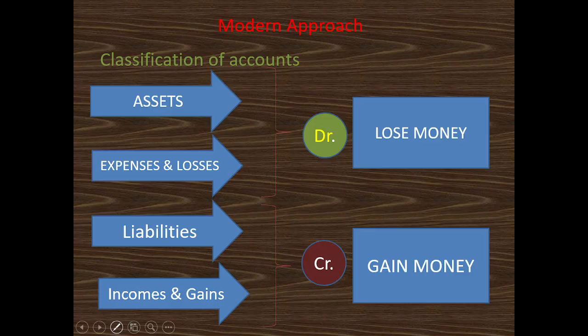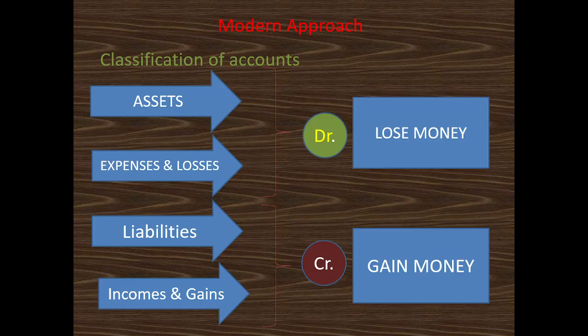But why the difference in classification? It is because of use. For an asset, we have a future benefit. For example, if I purchase a computer, I can use it for a long period of time. Normally in business the time period for such measurement is 1 year, so anything which can be used for more than 1 year is an asset.